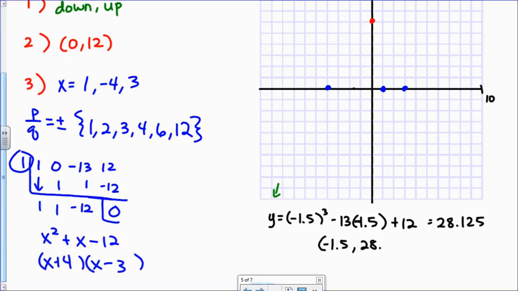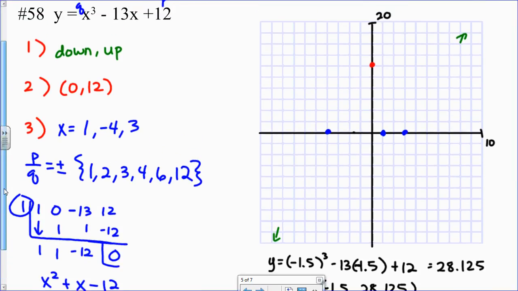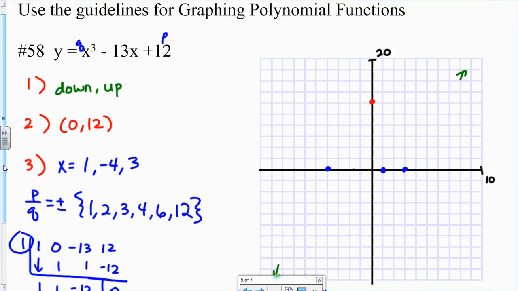So again, I knew my first answer had to be wrong, negative 10, because that was my end behavior. I know I start here, I have to go through here, and go through here. So I can't somehow get back down here without, again, crossing the x-axis in between those two. So I knew that was wrong. I had copied that down wrong. Okay, so negative 1.5, and then it was 28 something, so somewhere up here.